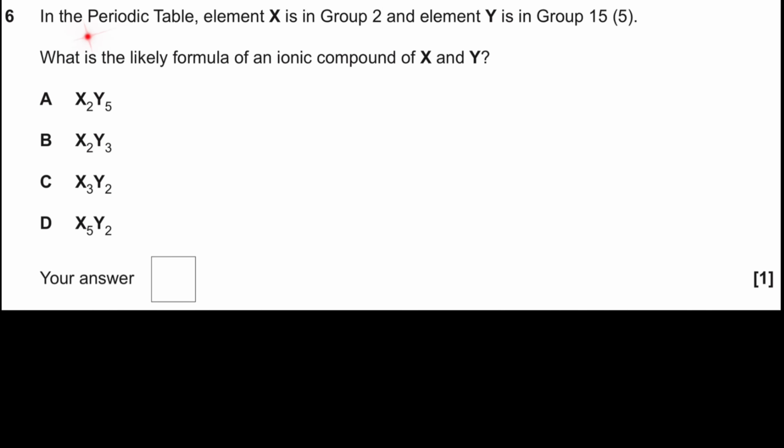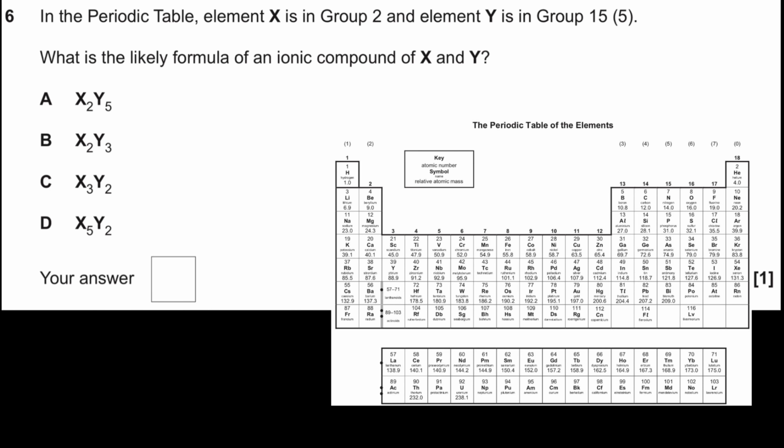Question 6. In the periodic table, element X is in group 2 and element Y is in group 15 or 5. What is the likely formula of an ionic compound of X and Y? Okay, so for group 1, the oxidation number is +1, group 2 +2, group 3 +3, group 4 +4 or -4, group 5 -3, group 6 -2, group 7 -1, and group 8 0.